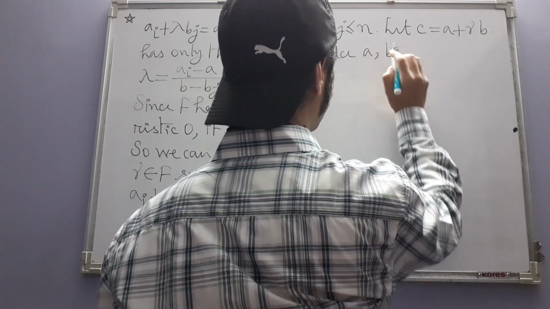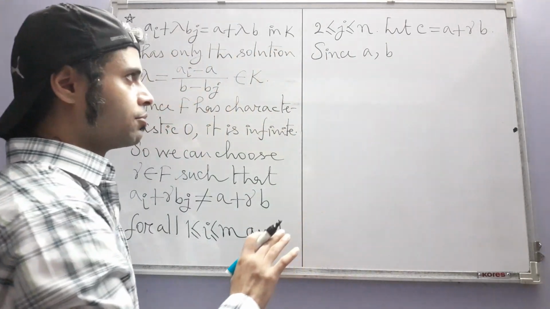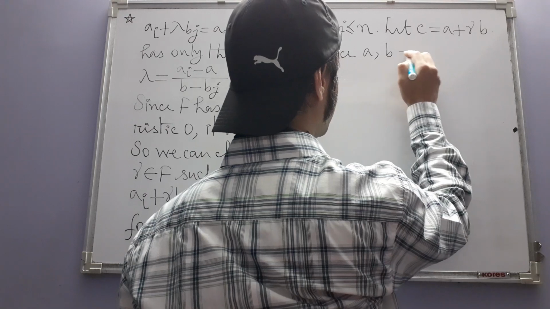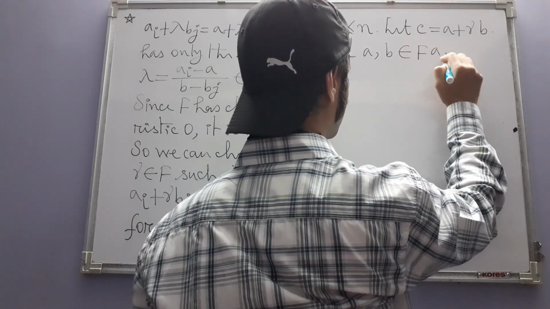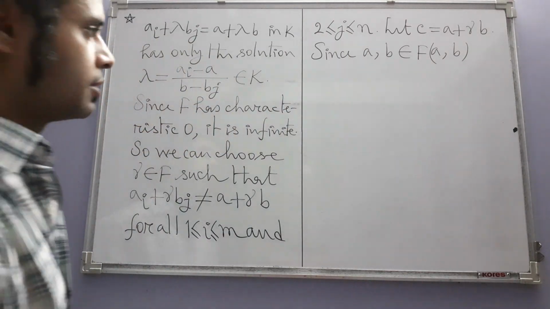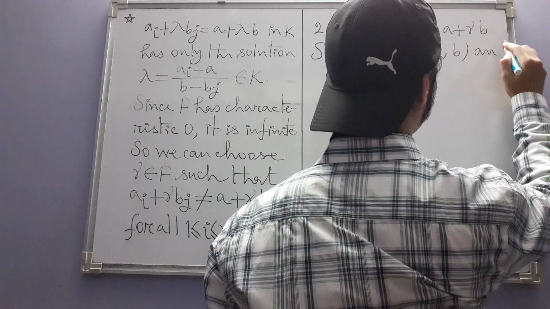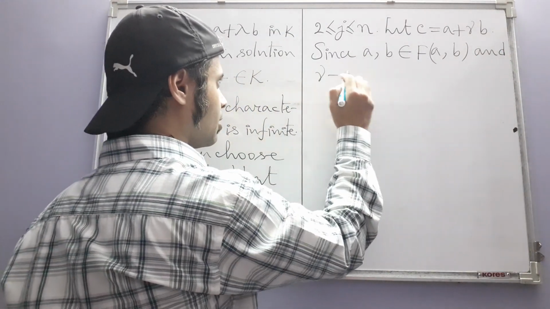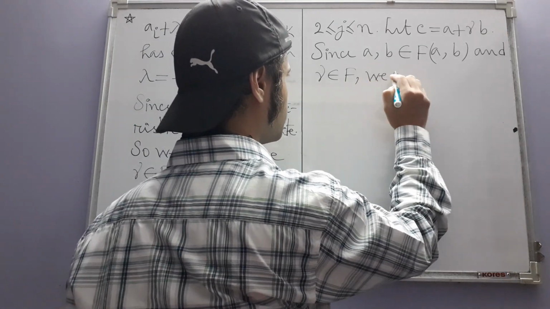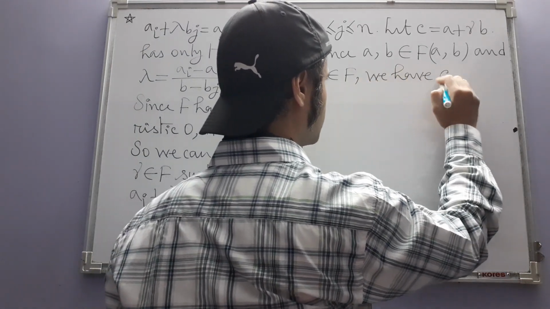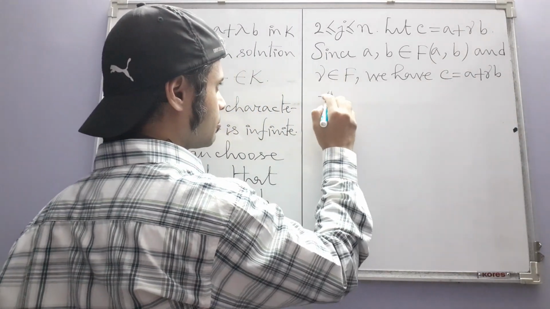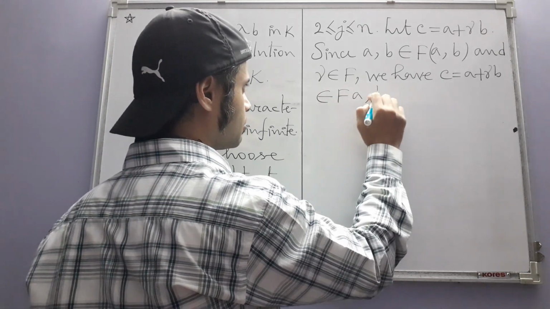Since A and B belong to this extension by definition, and gamma belongs to F, we have C equal to A plus gamma B again in this field.